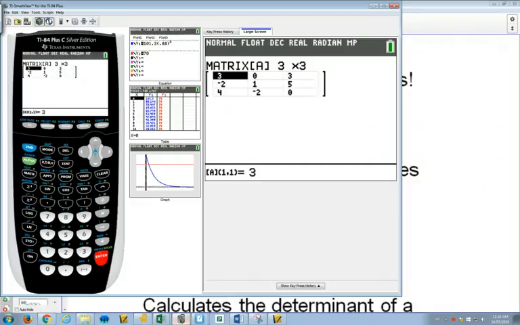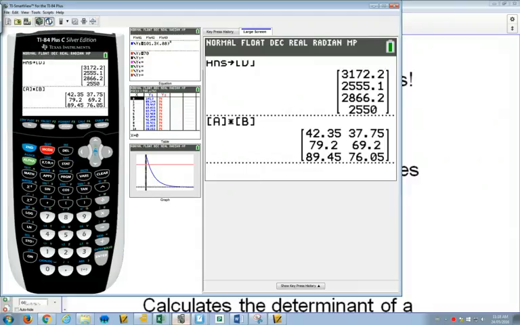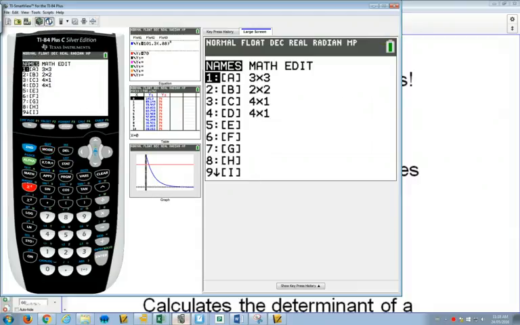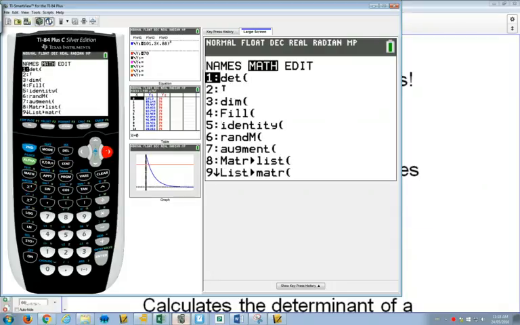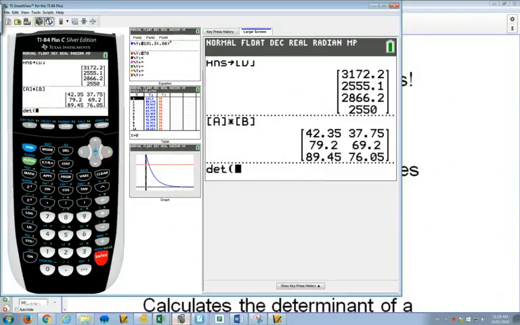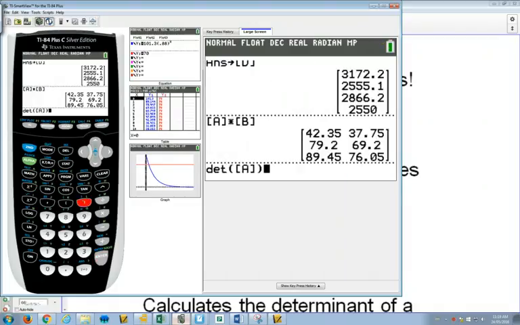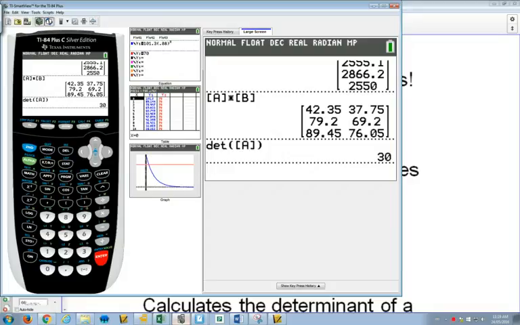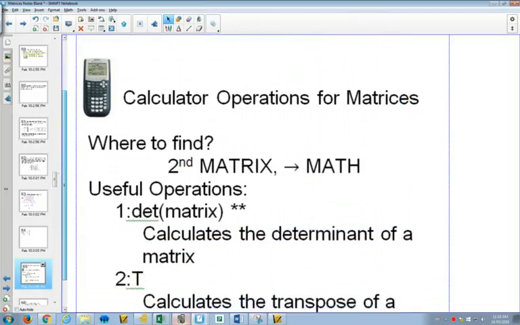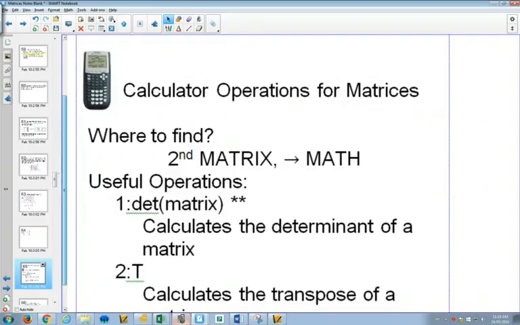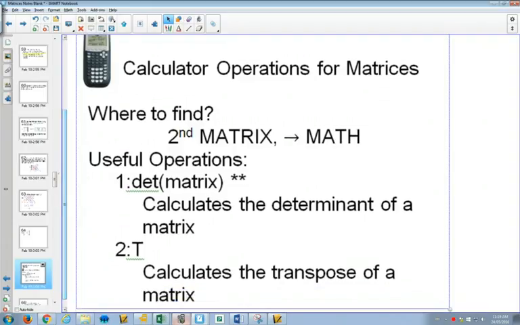Once you've entered that matrix in, under matrix, if you go to math, it gives you a bunch of different things you can do with matrices. Now the first one is determinant, so we can go determinant of matrix A that we just put in there. And the calculator tells us that it's 30 as well. So that one can be used to find your determinant, to check if you got it right.